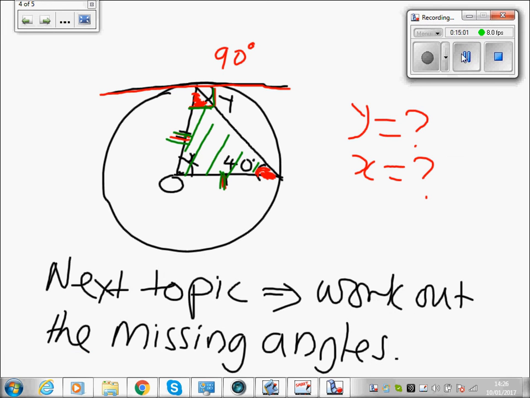What did we say in the previous session when a tangent, which is this line, hits the circumference and we drop a perpendicular, what angle does it make here?